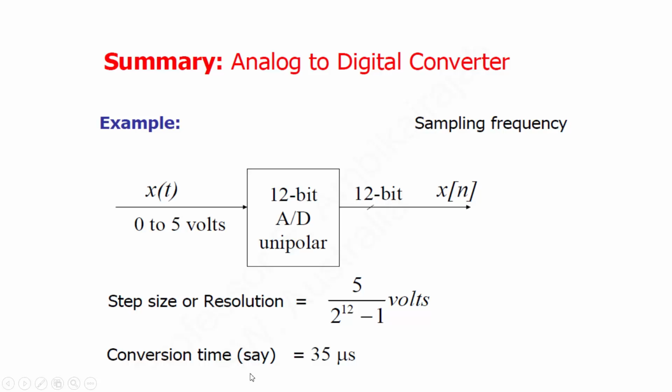The meaning of the conversion time is that the moment you apply the analog signal to this A to D converter, in how much time it gives the digital output. That is the conversion time, say here in this case 35 microseconds. That actually describes the speed with which the analog to digital converter converts the analog signal to the digital form.